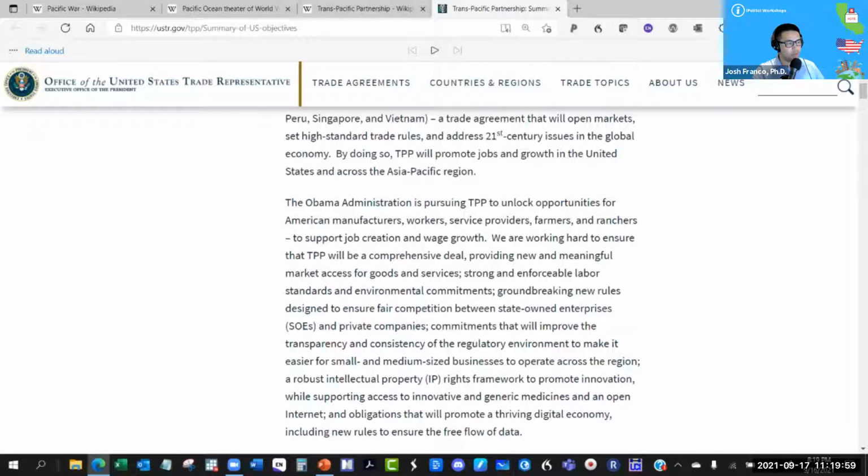The Obama administration is pursuing the TPP, so obviously this is talking about the past, to unlock opportunities for American manufacturers, workers, service providers, farmers, and ranchers to support job creation and wage growth.